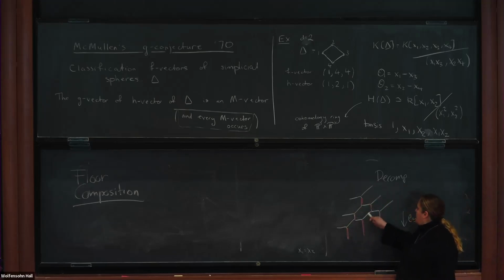That means I have this floor that is a tropical birational graph. This one is also a birational graph, and this one too. Then this is what is called a floor decomposable variety.